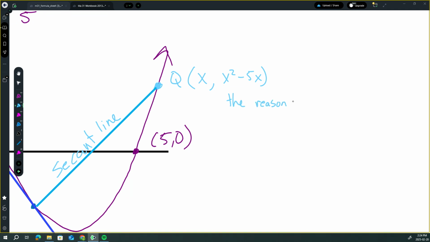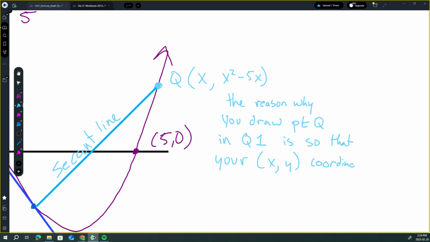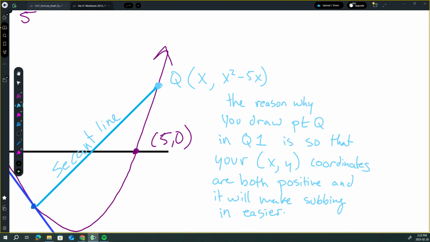So the reason why we draw point Q in quadrant 1 is so that your xy coordinates are both positive, and it will make subbing in easier. Okay, just gives you less to remember.